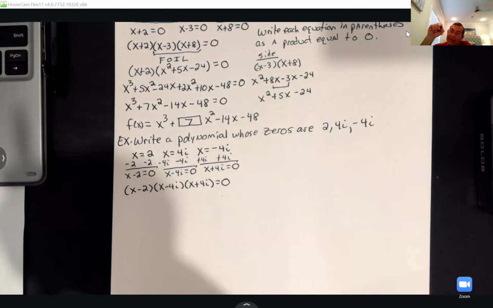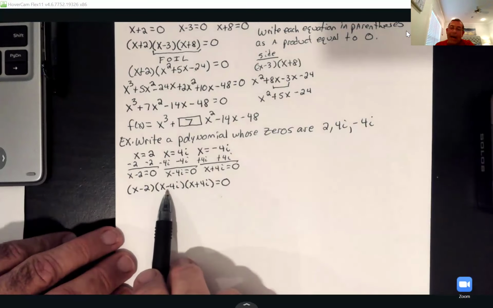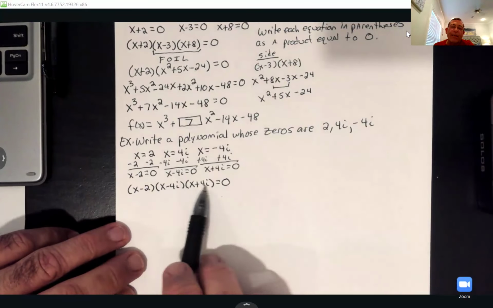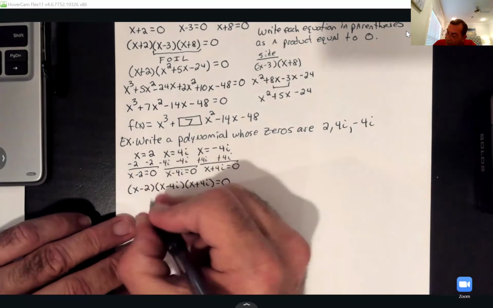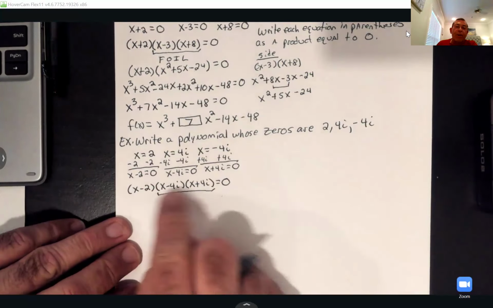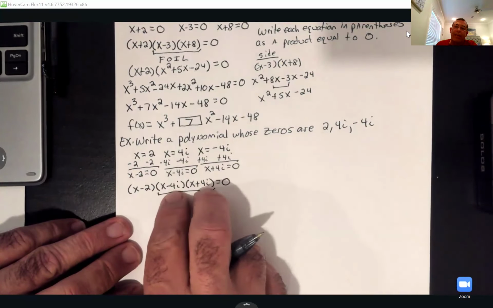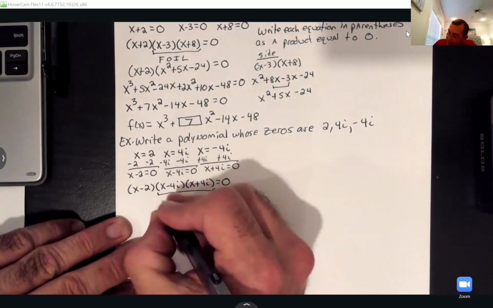Now, I will say this. On this one, I always start with these imaginary numbers here. Whether they're in the front or back, I'm always going to start with these, because you're going to see what happens when you FOIL these first.